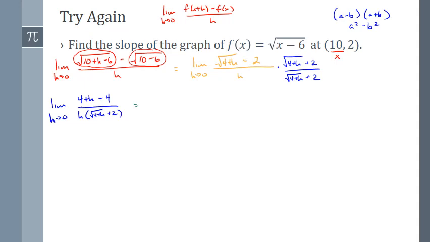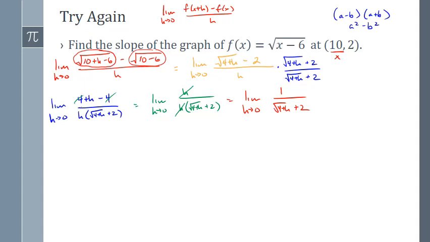Alright, so now those 4's cancel, and I have the limit as h goes to 0 of h over h times square root of 4 plus h plus 2. Now those h's cancel, and I get the limit as h goes to 0 of 1 over radical 4 plus h plus 2.